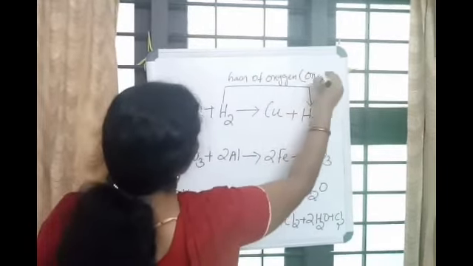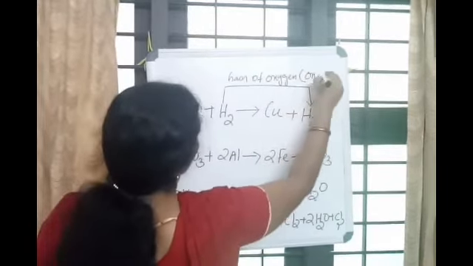Fe2O3 loses its oxygen. What is loss of oxygen? Loss of oxygen is reduction. So aluminium gains oxygen and forms aluminium oxide, and Fe2O3 loses its oxygen and forms Fe.